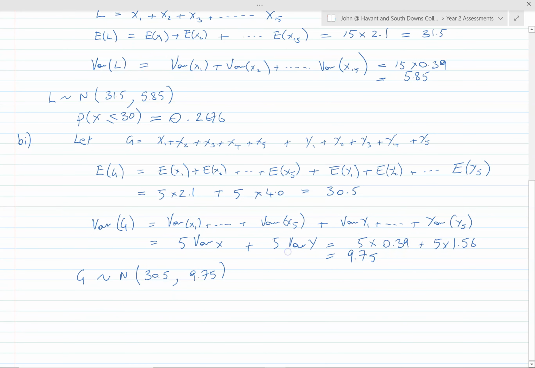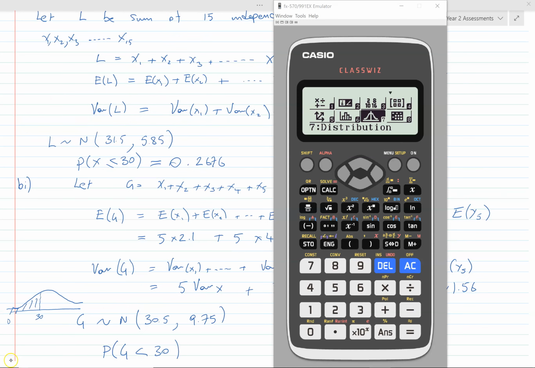So we want the probability that these 10 books add up to less than 30. Okay, so let's bring the calculator back up. The menu, we're going to put menu 7 up again. It's the normal cumulative that we want.